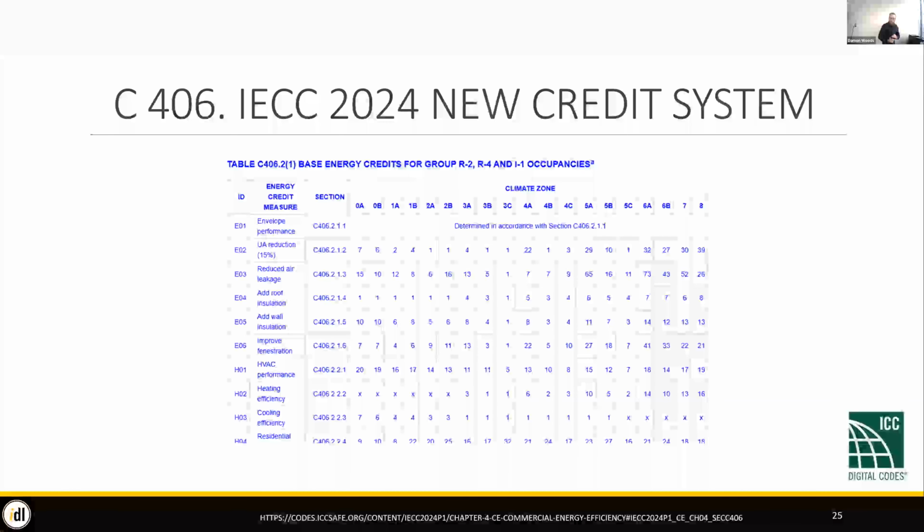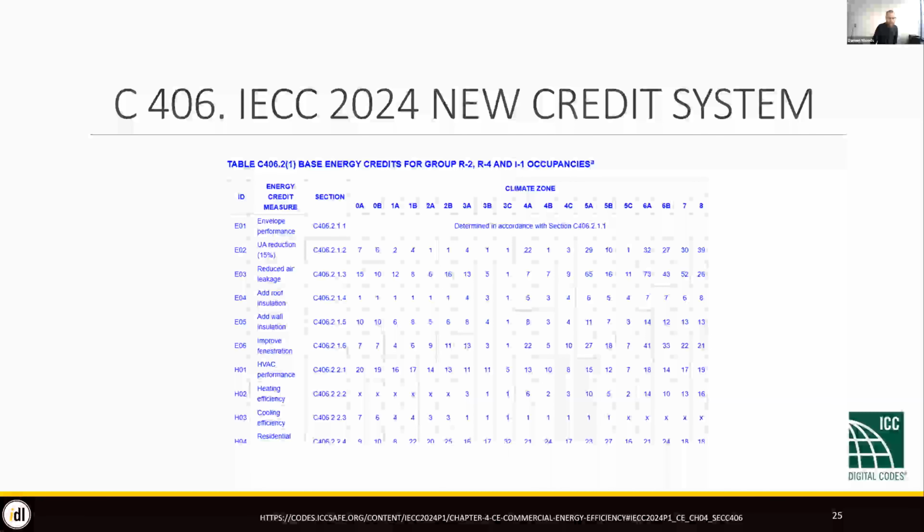But there's a lot of them. And the number of credits, once again, are different between climate zones and occupancy types. So for example, this is looking at R2, R4, and I1 occupancies, and we're in climate zone 5B.